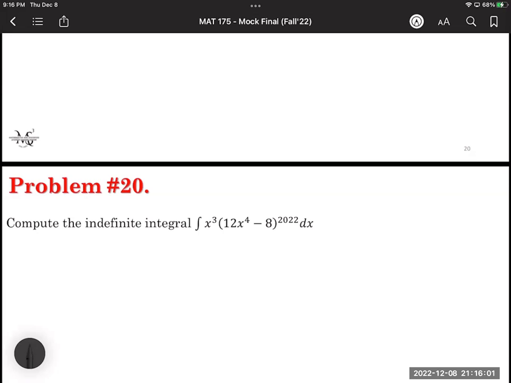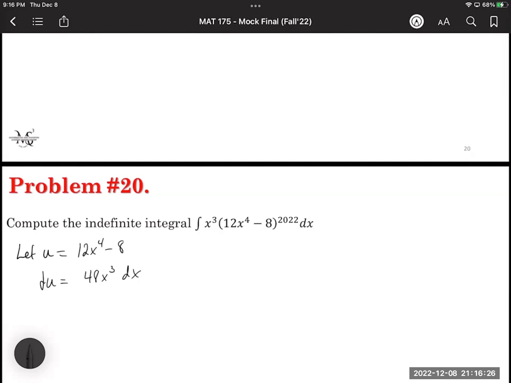You let u be equal to the inner function of the composite, so the inner function is 12x to the fourth minus 8. You take its derivative, you get 48x cubed dx.